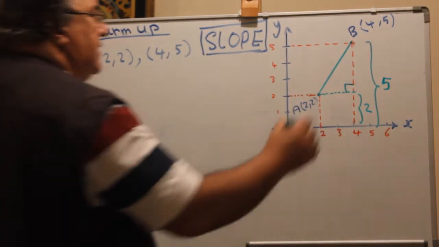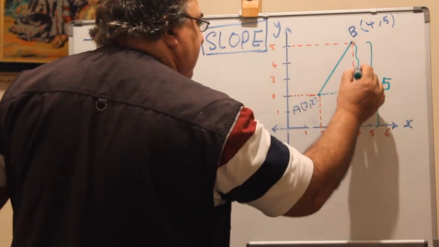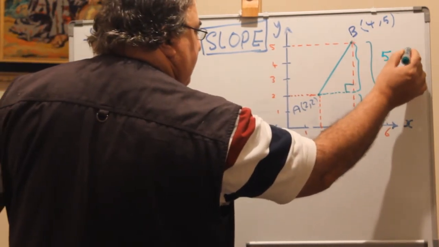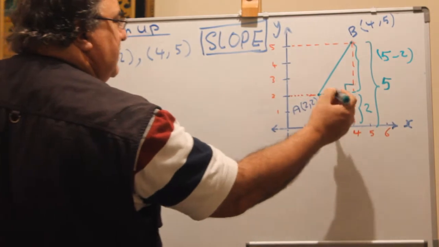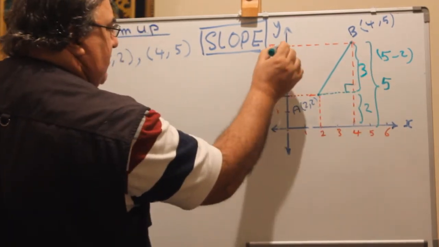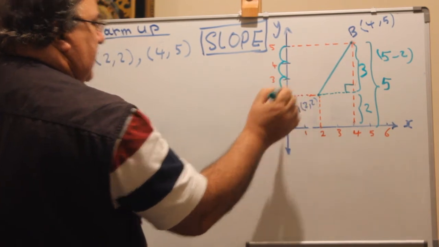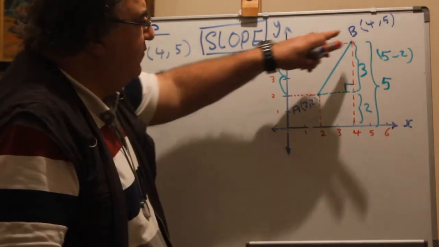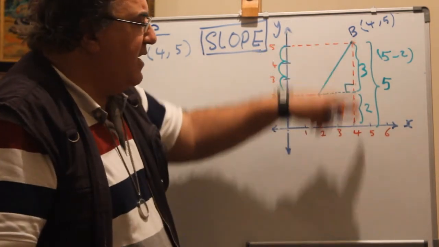Now, how can I get this distance from here to here? It is 5 minus 2, which gives me 3. You see, 1, 2, 3: 3 units. We finished the y, the rise.